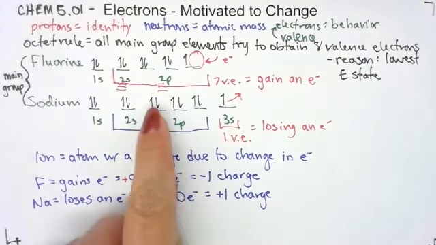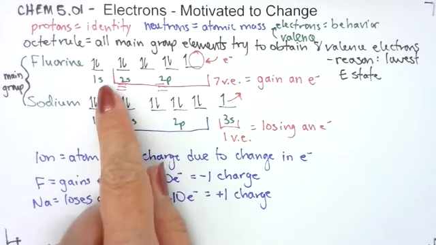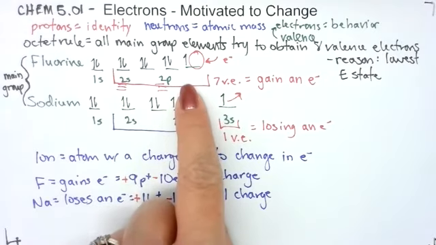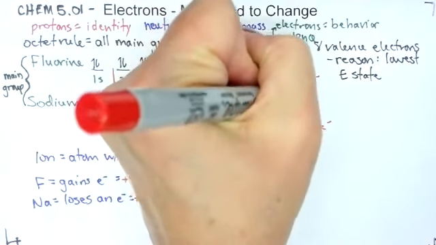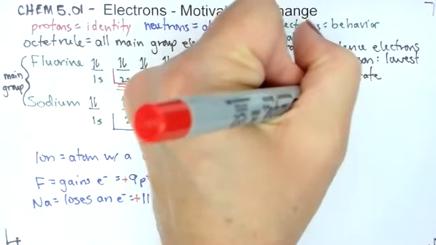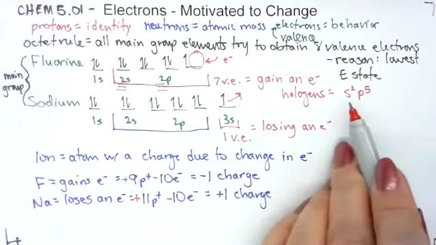Well, here's the thing. Fluorine, chlorine, bromine, iodine, and astatine all have, even though it's in different levels, their valence electrons, so all of the halogens have an s2p5. Now the numbers in front change.